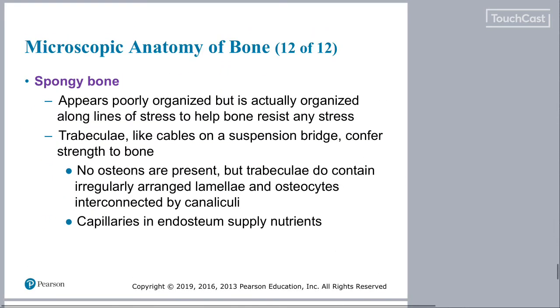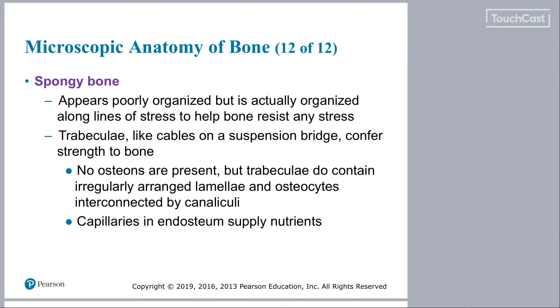Okay, so moving on to our spongy bone. It looks kind of unorganized, but it's actually very highly organized along the areas of stress or tension. So it helps our bone resist any stress. Those trabeculae are the little spikes, like cables on a suspension bridge.